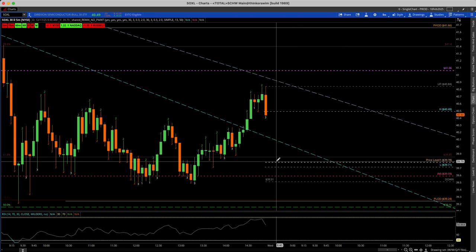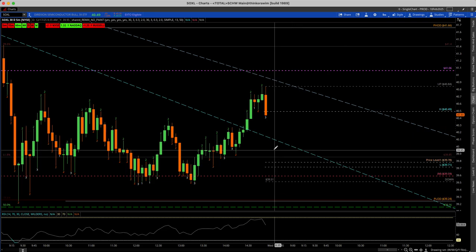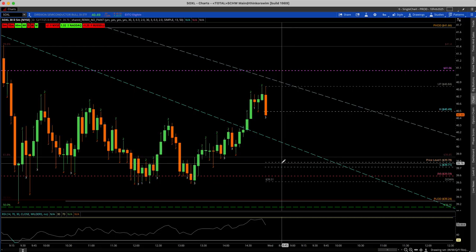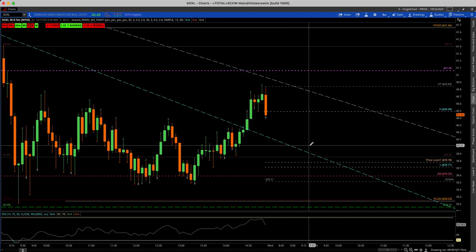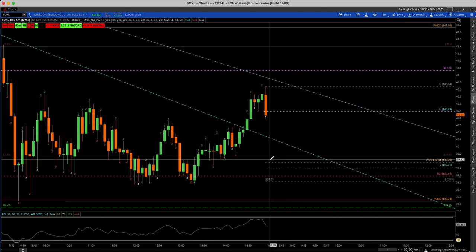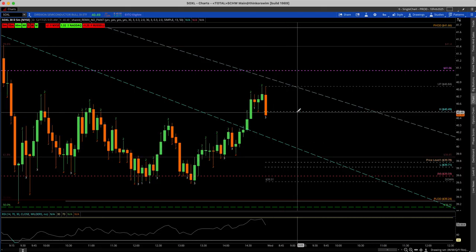If all the overnight sellers have sold the price down to this overnight low, and we open there, there's a good chance that all of those overnight traders will sell at that point and take profit. And a lot of times, we'll see the open in a bounce. But what that does is give us a target to shoot for, overnight high, right? That's where we should at least bounce to.